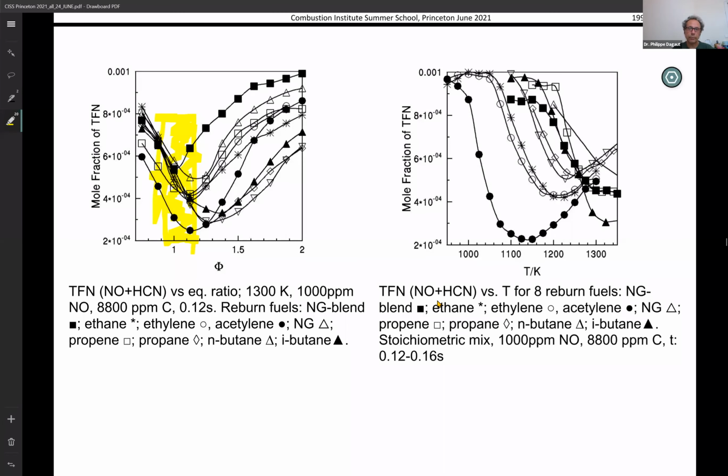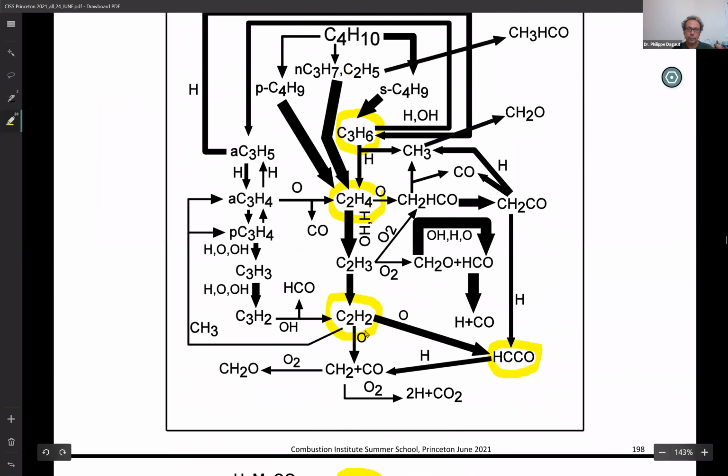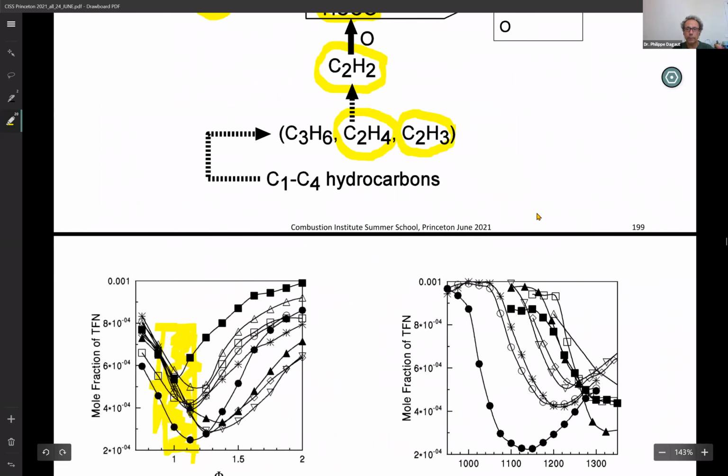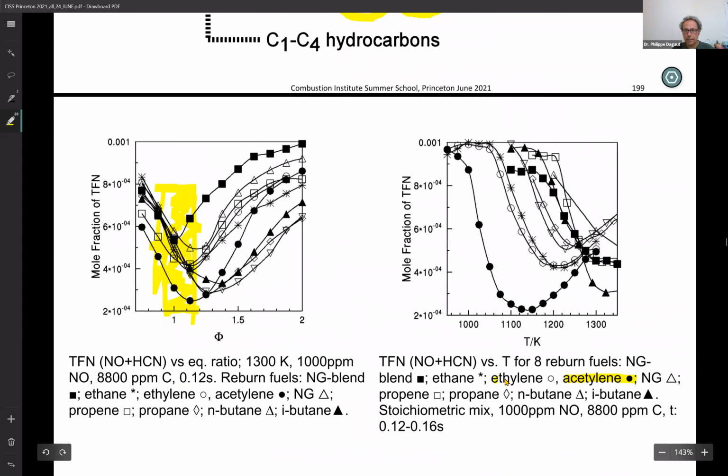Because acetylene will produce very readily HCCO, which is the key intermediate in this system. And the others are a bit similar, but if we look in more detail, we can see that ethylene and ethane, which are here, are also very efficient because they are not far from acetylene. You have just a few steps to transform these into acetylene and form HCCO.